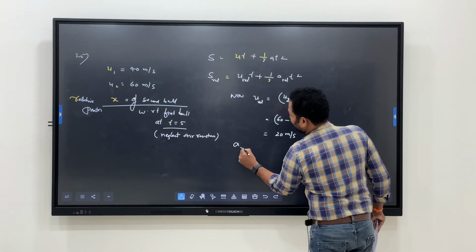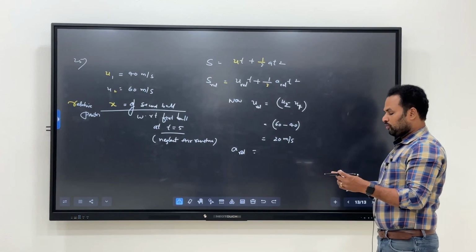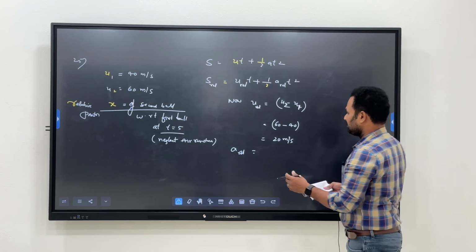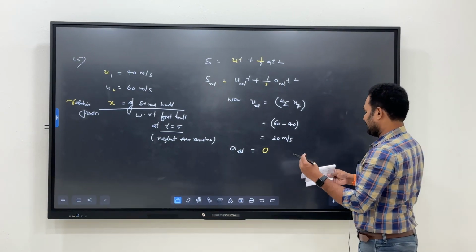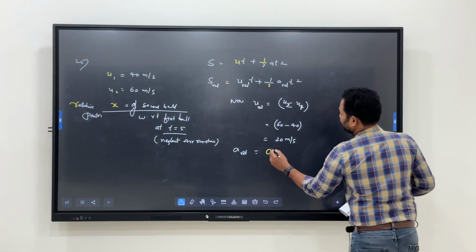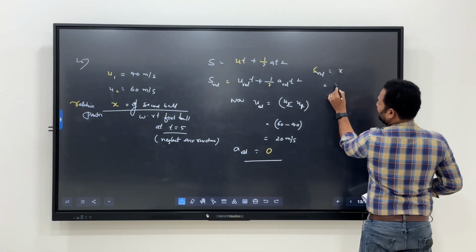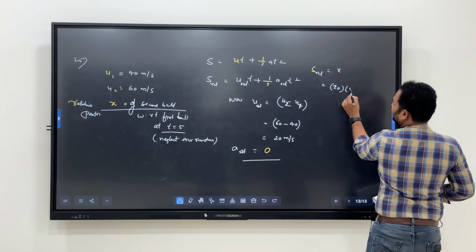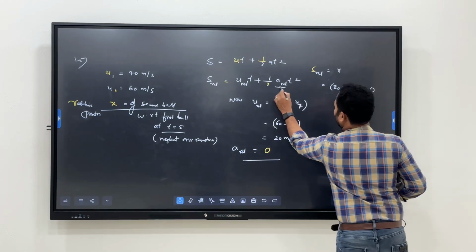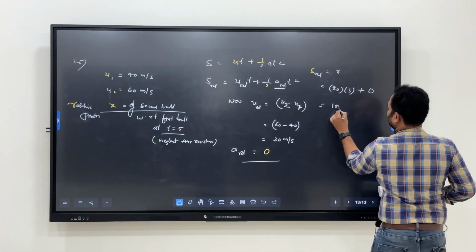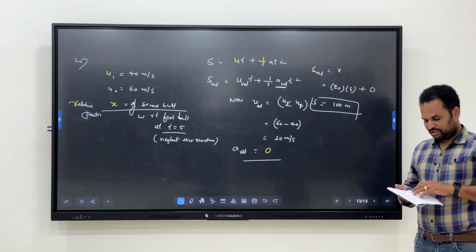Acceleration relative is 0, because air resistance is neglected and both are projected upward simultaneously, moving in a straight line path. So S relative, that is x, is 20 into t value 5 seconds plus 0 into t square. So the relative position is 100 meter.